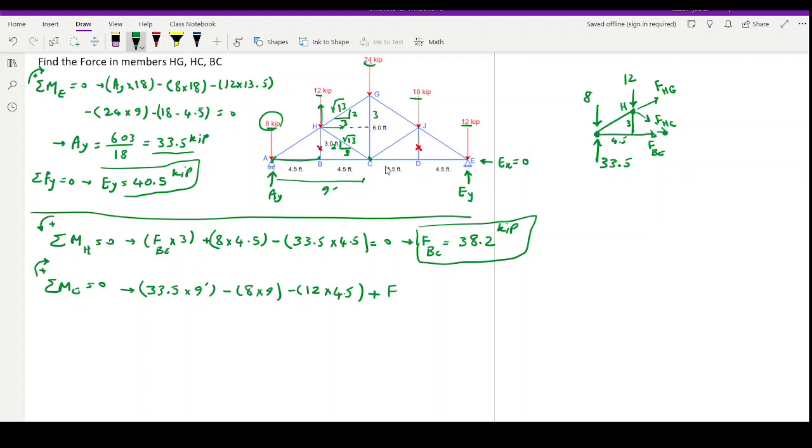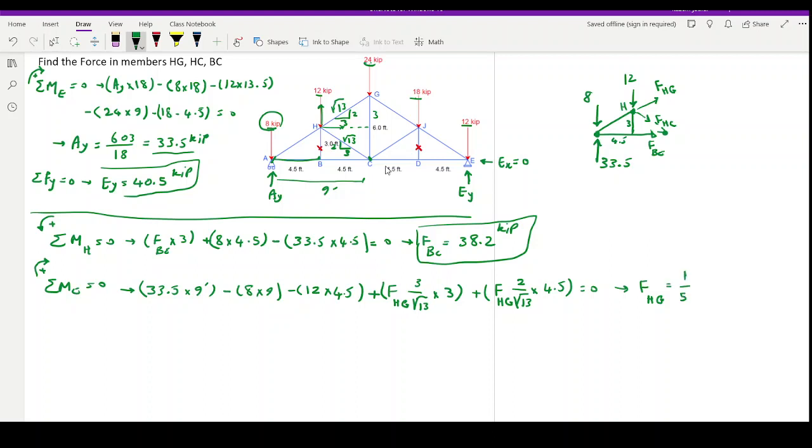So it's FHG times the x component, 3 over square root of 13, times the distance 3, and the y component of FHG, 2 over square root of 13, and the distance is 4.5, is 0.